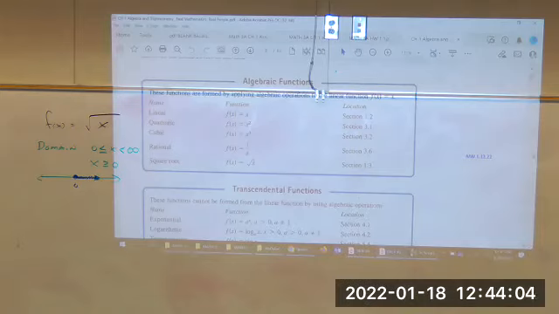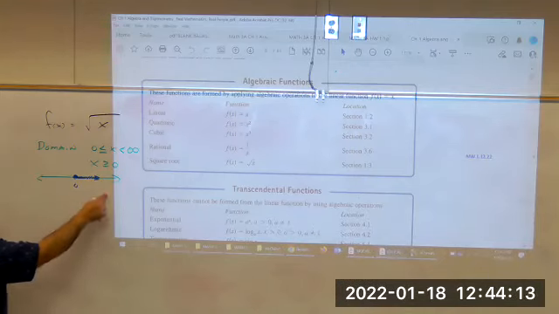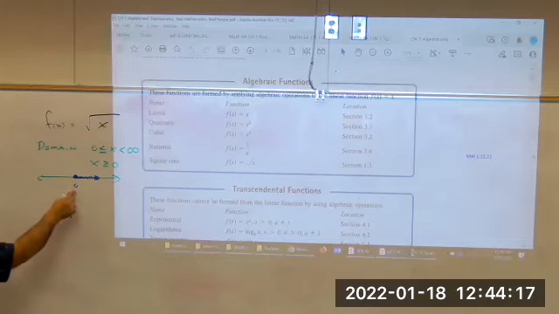Interval notation is a way to write these inequalities without the greater thans and less thans. So when you write the interval notation for this, the x's, we always go from left to right. The x's start at 0 and it equals 0. When you have equals, you have a bracket.